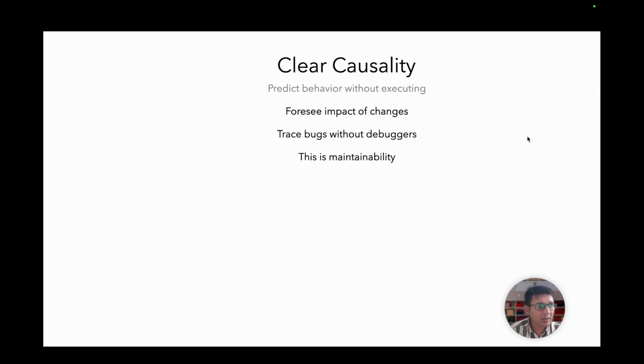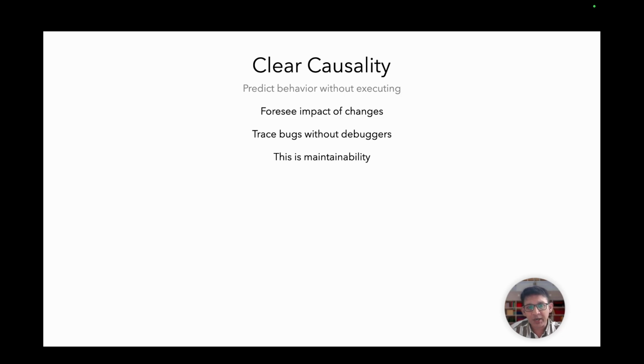Now, when a system has clear causality, you can predict its behavior without executing it. You can see a function and know what it affects. You can make a change and foresee its impact. You can trace a bug backwards without running a debugger through 1,000 steps. This is maintainability. This is the foundation of trust in a system.